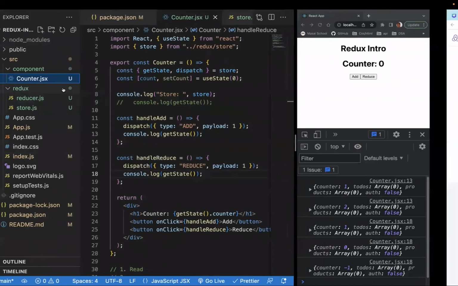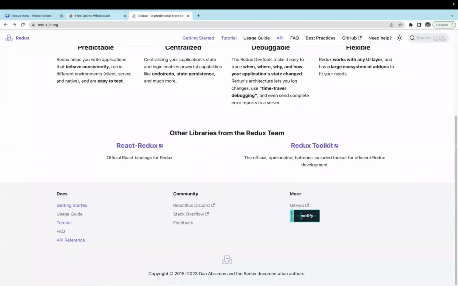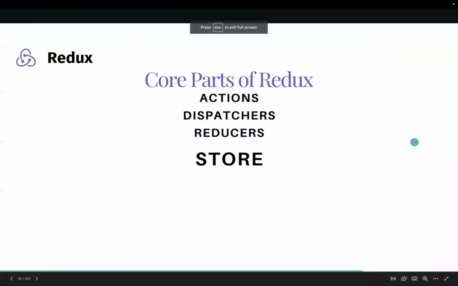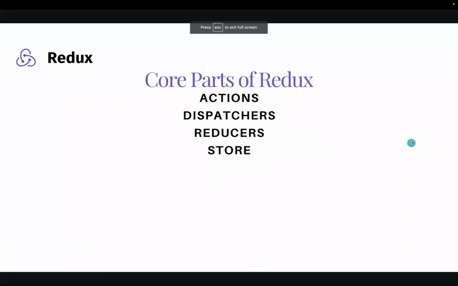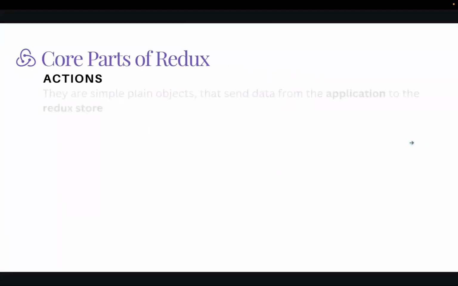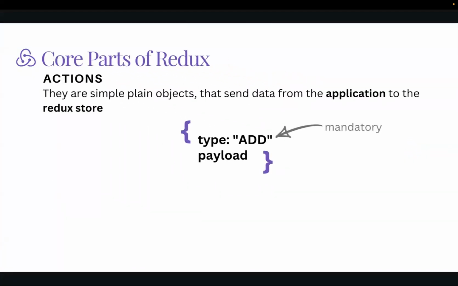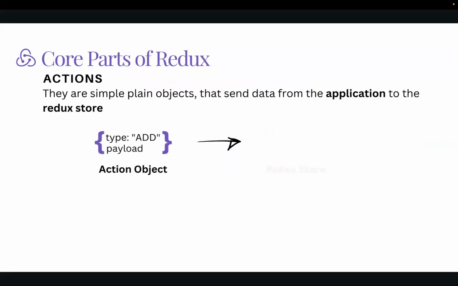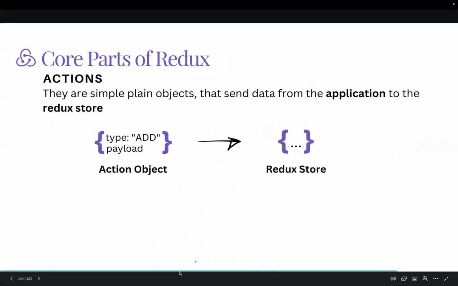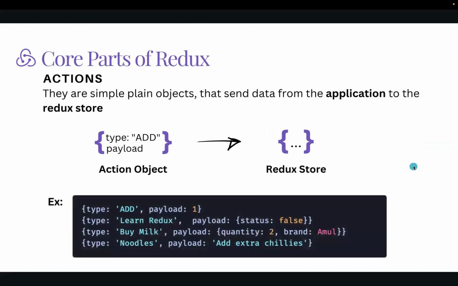We have two more components left. Store, okay. Actions, okay. Everyone understands what action is? Whatever we are dispatching, yes or no? There's no need to explain it again, right?